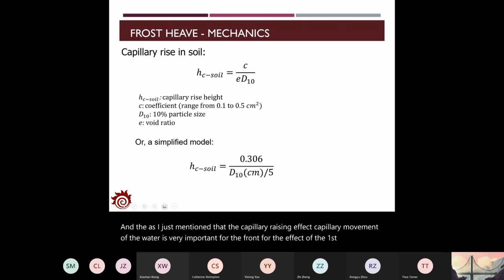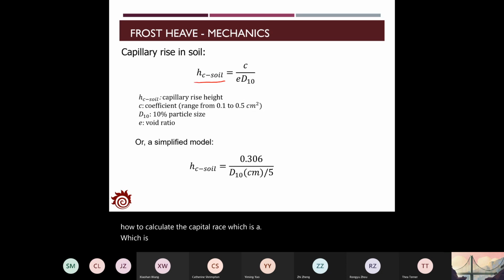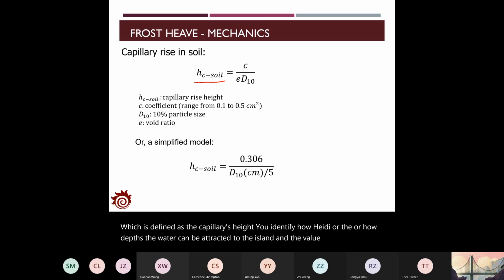So we need to calculate the rate of the capillary rise. The equation here will show how to calculate the capillary rise, which is defined as the capillary rise height. You will identify how high the water can be attracted to the ice lens, and the value is C divided by e times D10.